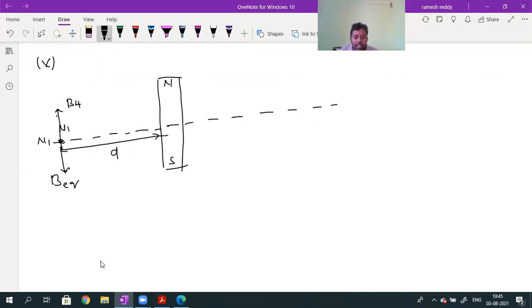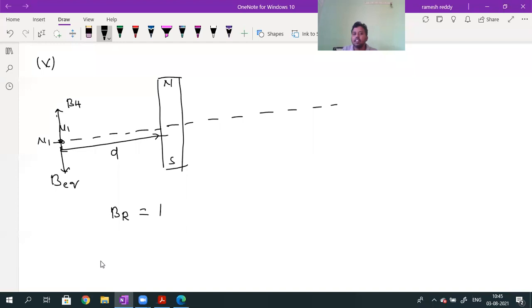You will get a null point whenever BH and B equatorial are equal in magnitude and opposite in direction. In the question I am telling N1 is the null point. At N1, what is the resultant magnetic field?